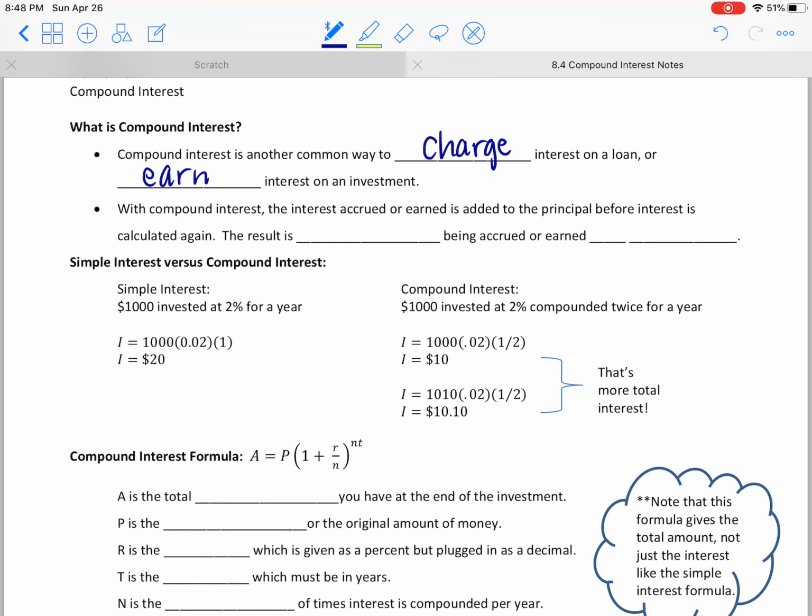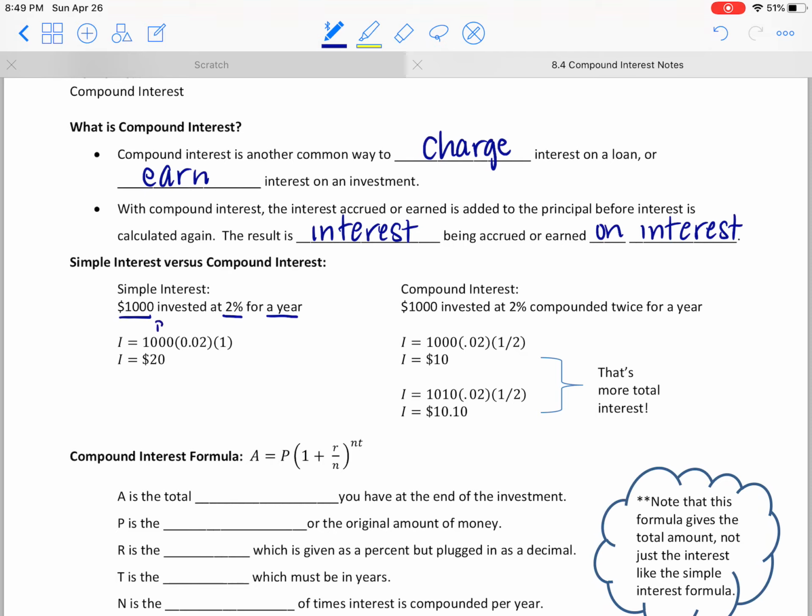Compound interest is another way to either charge interest on a loan or to earn interest on an investment. What's going on with compound interest is that you basically are earning interest on interest. The result is interest is earned on interest.